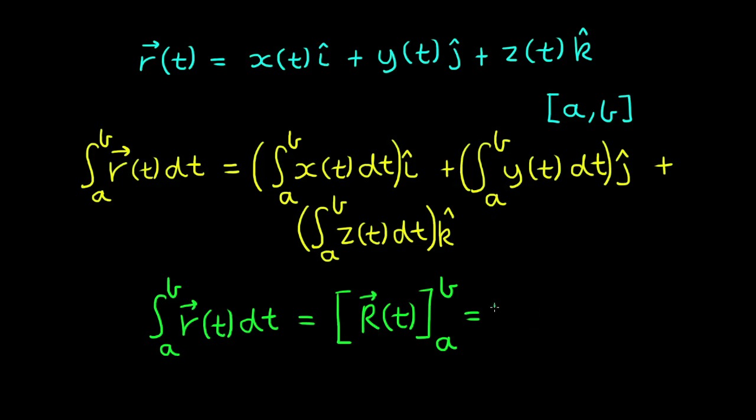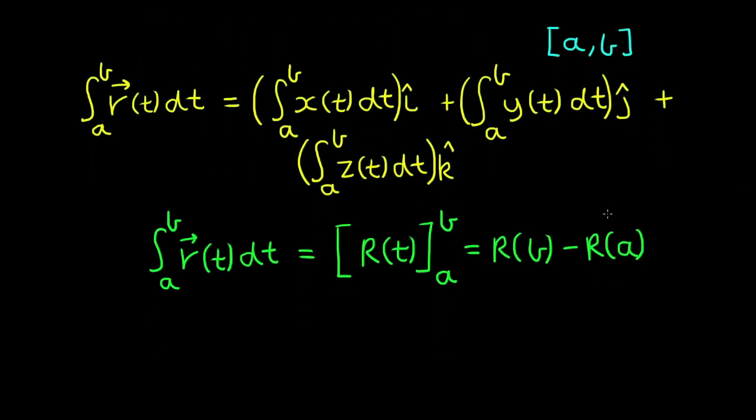So we end up with the antiderivative evaluated at b minus the antiderivative evaluated at a. So essentially, if we differentiate R with respect to t, then we get back the vector-valued function.